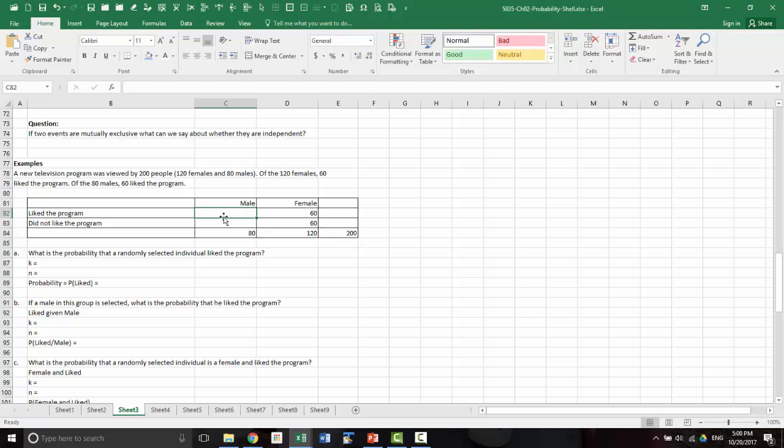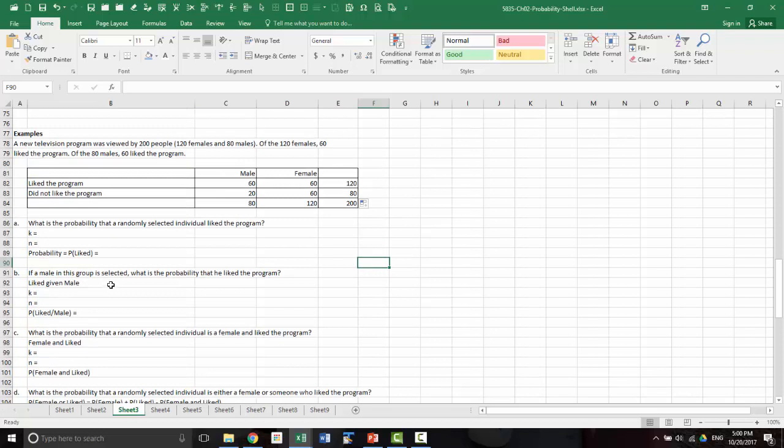Then that minus that will be the people who did not like the program. So now if you sum across the rows, then we get how many people liked the program and how many did not. Okay. So now we have these probabilities to answer.